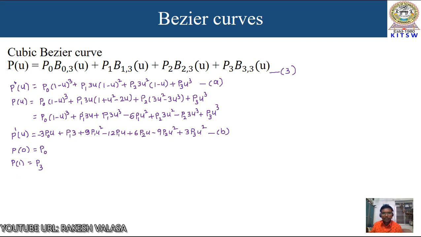Now substitute the same limits in the tangent equation, that is p dash of u. p dash of 0 equal to, now substitute u equal 0, this term is 0, this term is 0, this term is 3p1, this term 0, this term 0, this term 0, remaining all terms are 0.